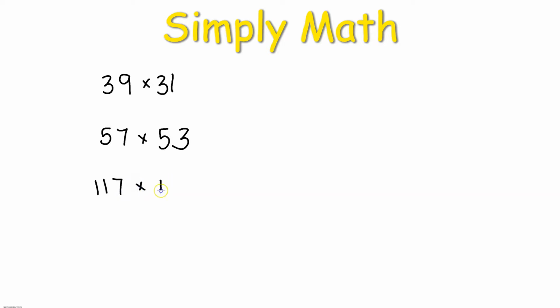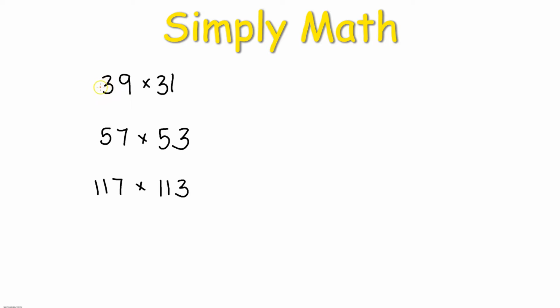Now before we move on to our examples, I would like to show you a pattern that can be found in our questions. So the questions that we worked on were 39 times 31, 57 times 53, and 117 times 113.